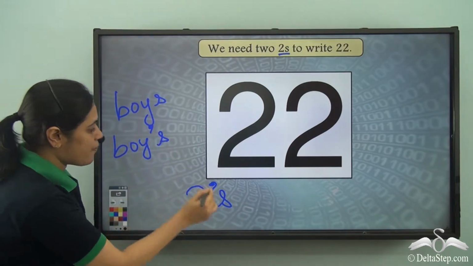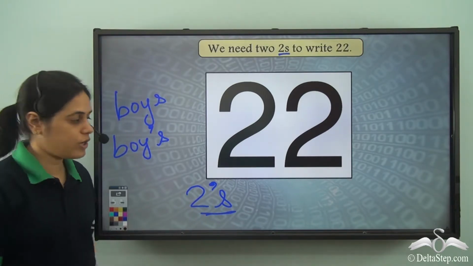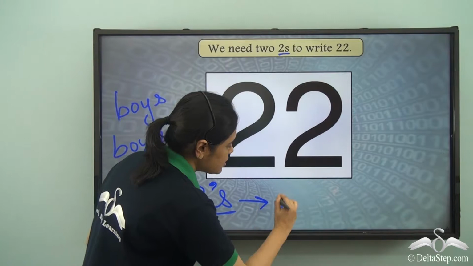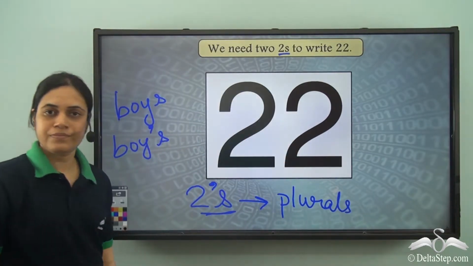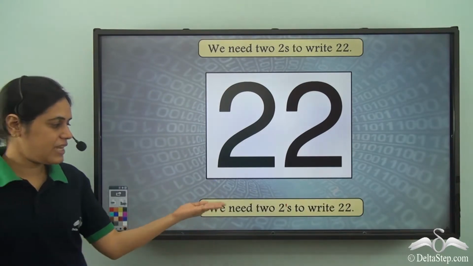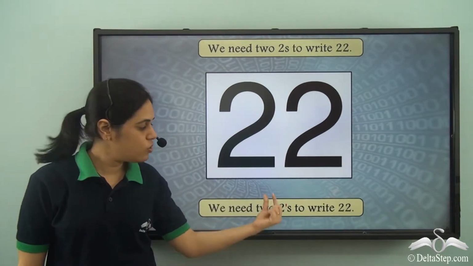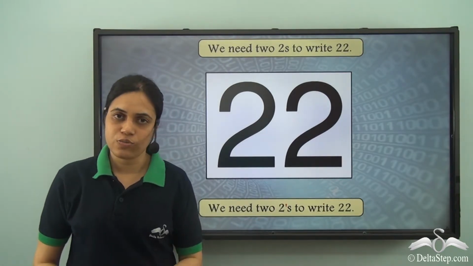That is, apostrophe S is not used for possession or belonging, but it is used for plurals. So more than one 2. So this sentence can be written as: we need 2 apostrophe S to write 22.